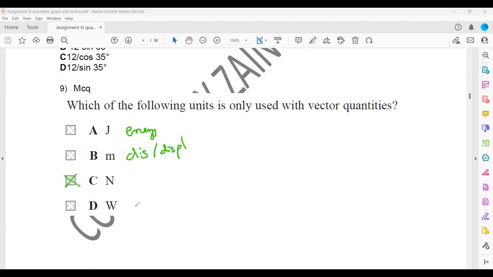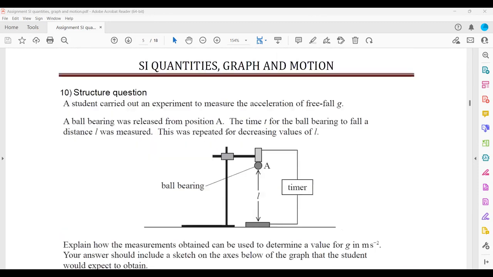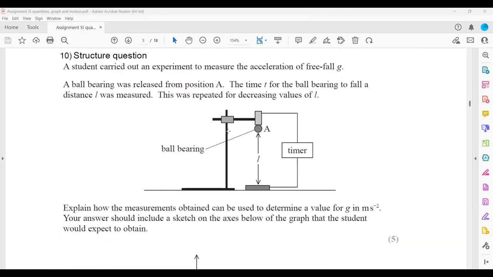And what is a unit of power? Power is a scalar quantity. Here meter can be scalar or vector. If it was displacement, it's a vector quantity. Distance is a scalar. But Newton is always used for force and force is always vector. That's why C is a valid answer.